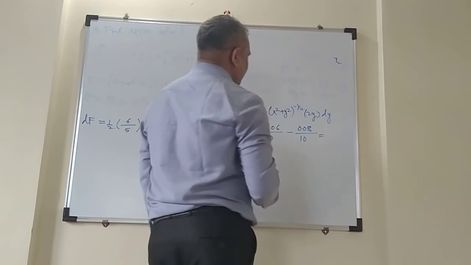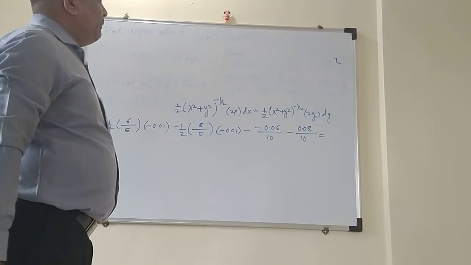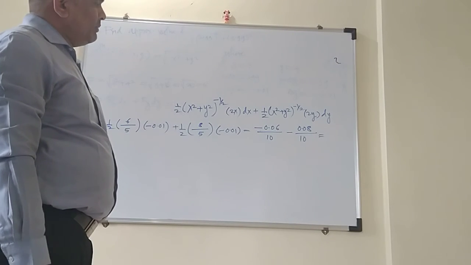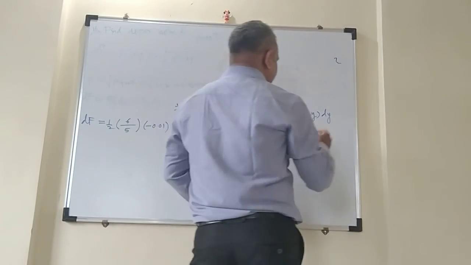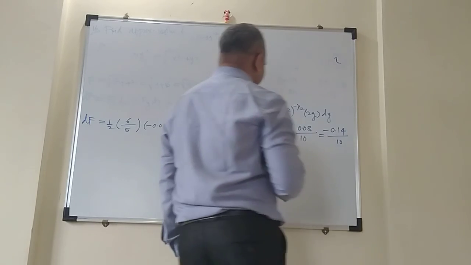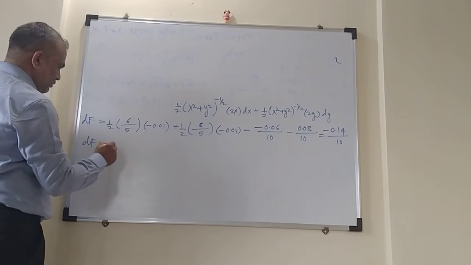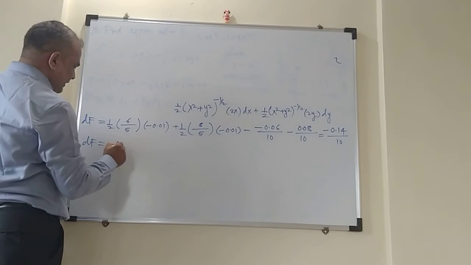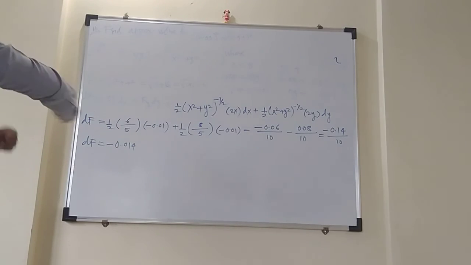This will give you negative 0.06 minus 0.08 divided by 10. So that will be negative 0.14 divided by 10. So this will give you the value of df is equal to minus 0.014. This is the value of df.